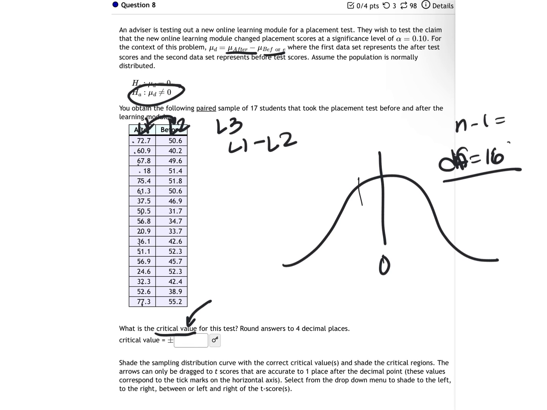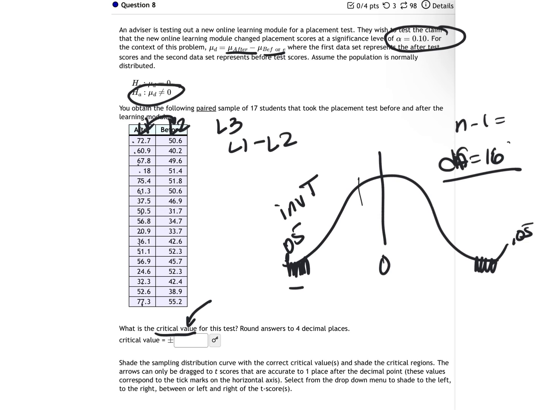So I want to find that. I'm going to go to inverse t on my calculator. So second distribution, inverse t. Area, alpha is 0.10 into 2 tails. So I have 0.05 here and 0.05 up here. So I put 0.05 for my area, degrees of freedom is 16, and hit paste.